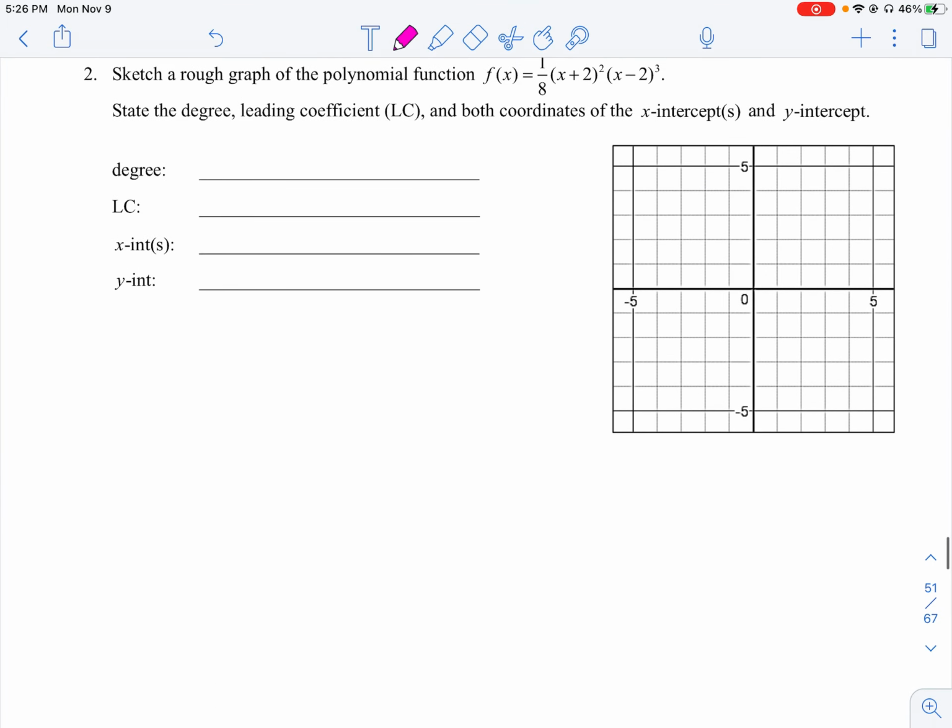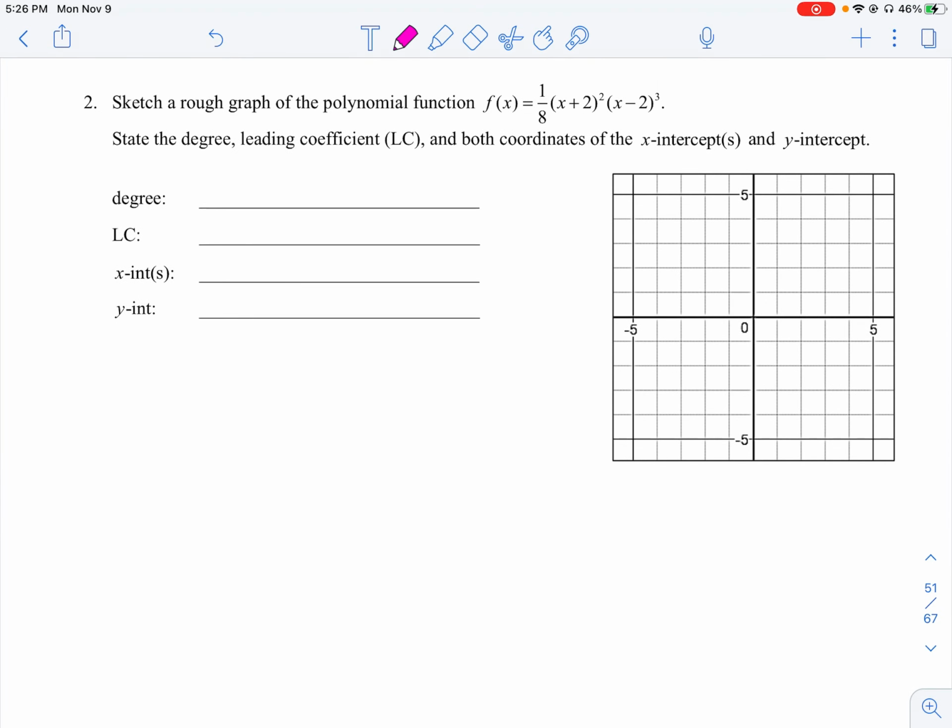Let's do number 2. Let's start with the degree of the polynomial, which is counting the x's. We have 1/8 x squared and x cubed, so x to the power of 5.